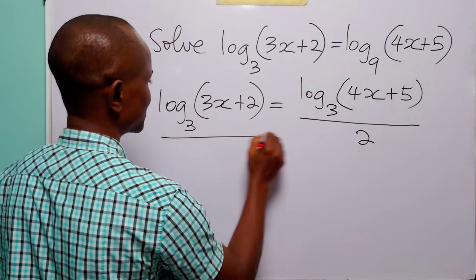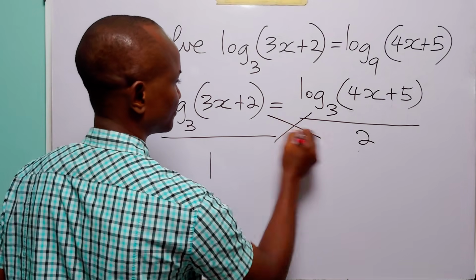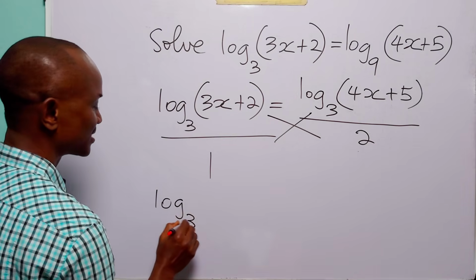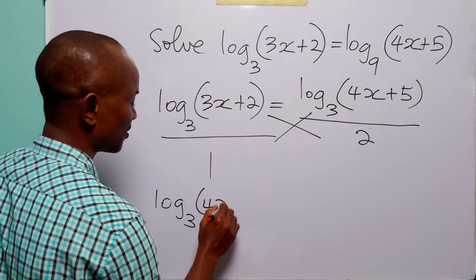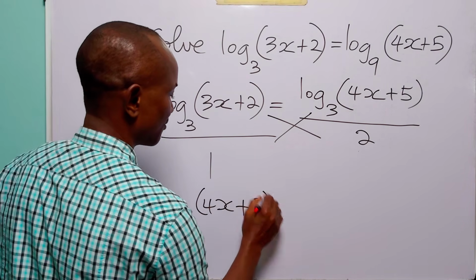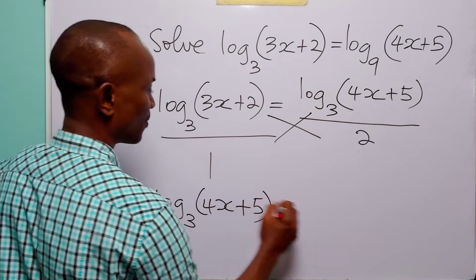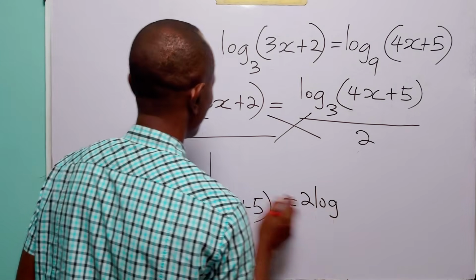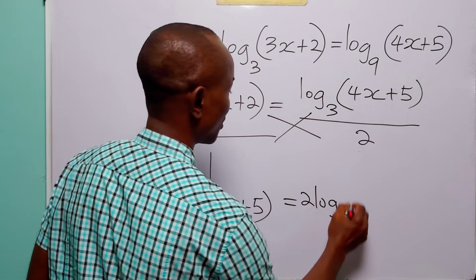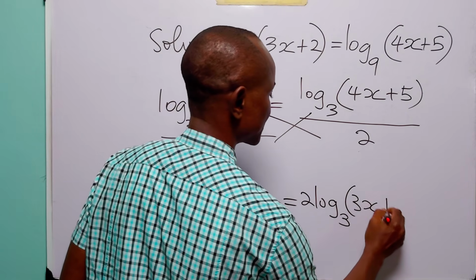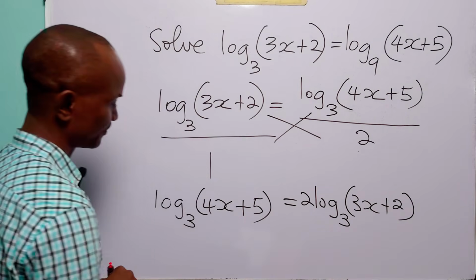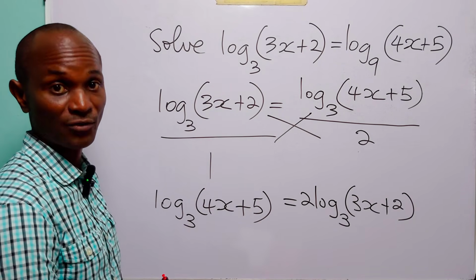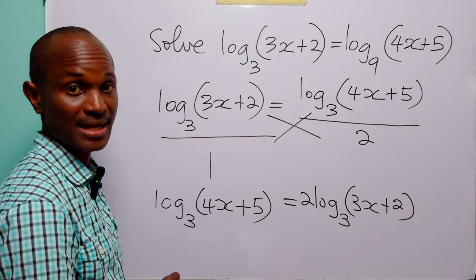Now let us cross multiply. We have that log to base 3 of 4x plus 5 multiplied by 1 is equal to 2 times log to base 3 of 3x plus 2. Now, of course, you know that we can apply the power rule of logarithms to this right-hand side.